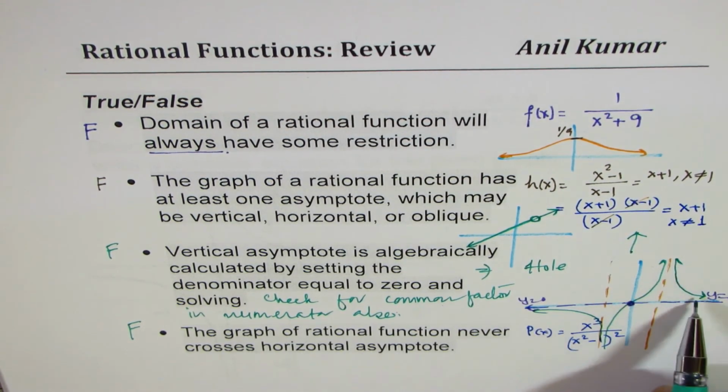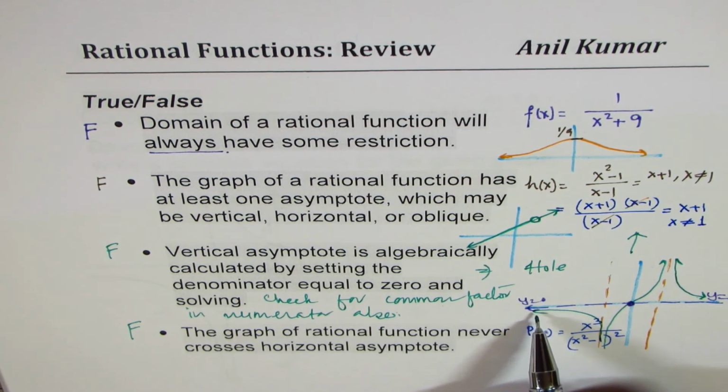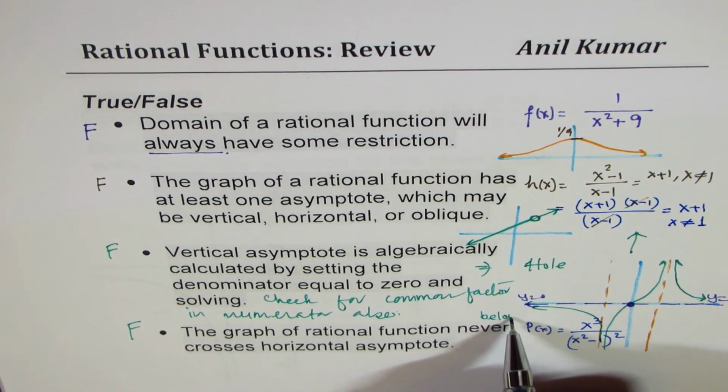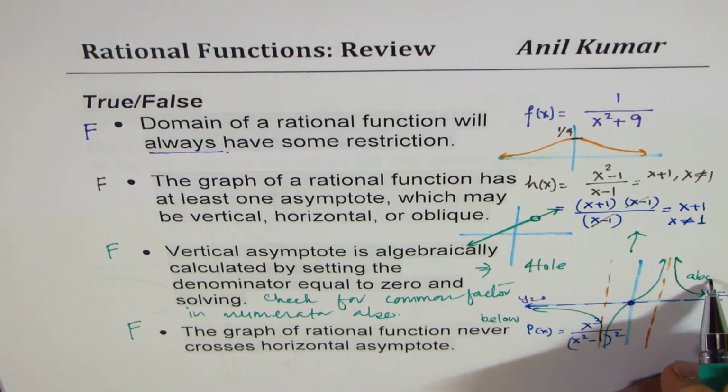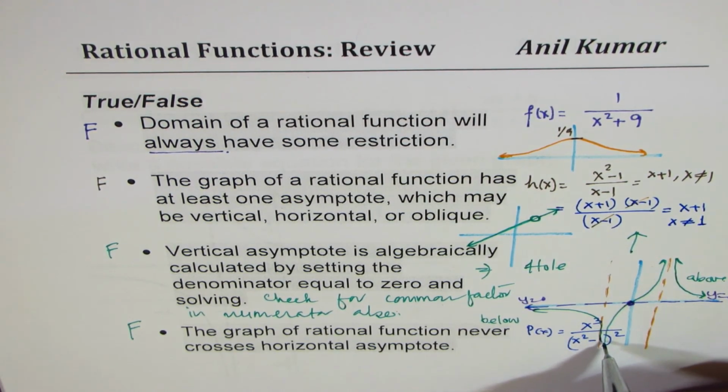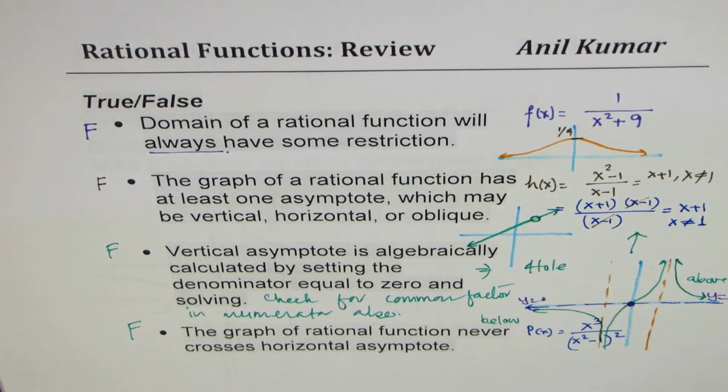So what you see here is we do have a horizontal asymptote. The curve approaches the x-axis, y equals 0. On the left side, when x approaches minus infinity, it approaches from below, and here it approaches from above. But what you see here is that a part of the graph crosses the horizontal axis.